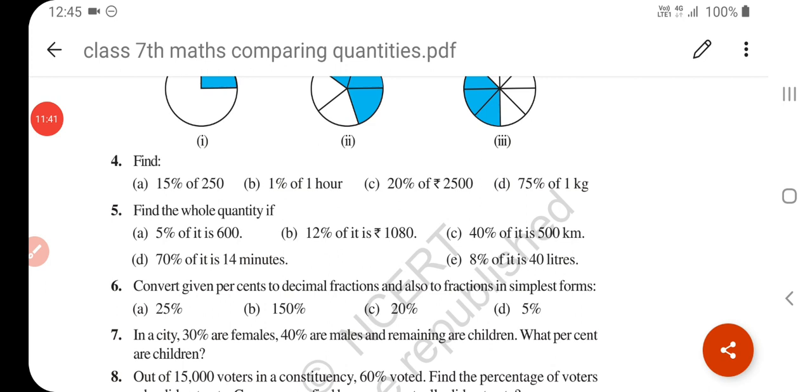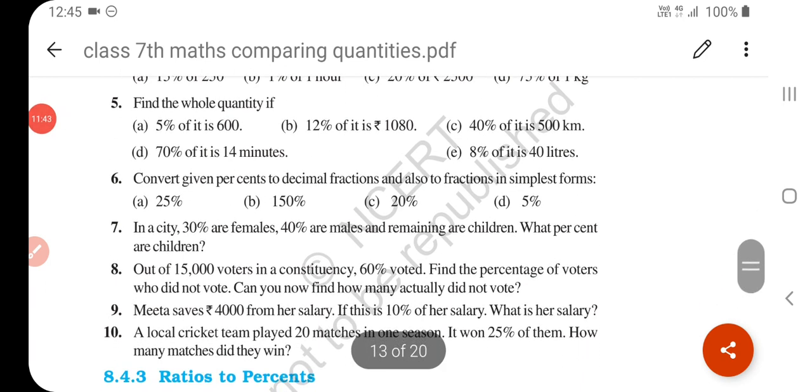And then question number 6. What about question number 6? Convert given percentage. The next one in your question 5, 40% of it is 500 kilometer. So you have to find 40 upon 100 of x is equal to 500 kilometer. Understand?